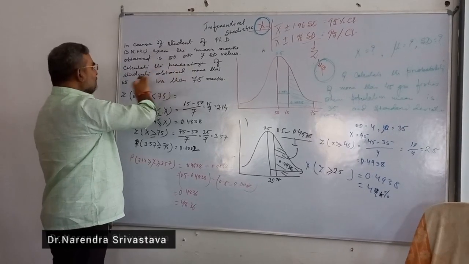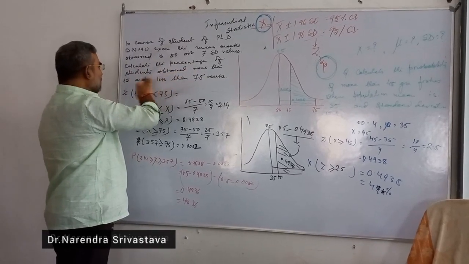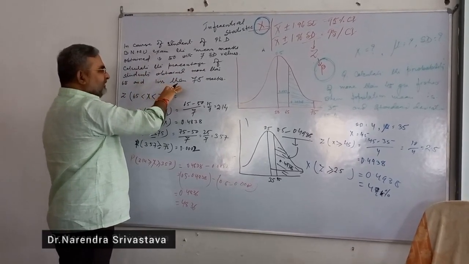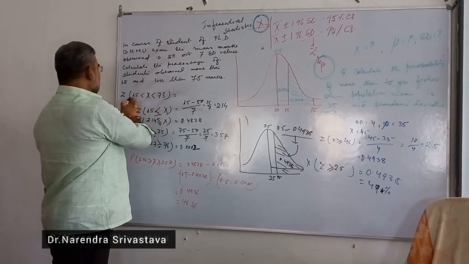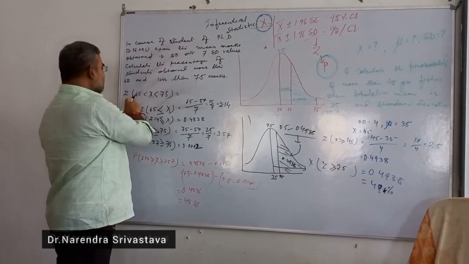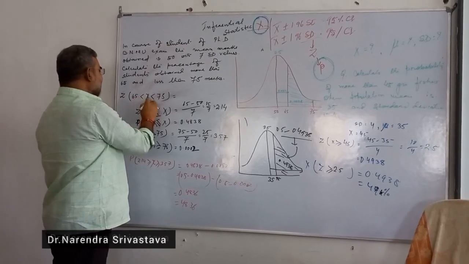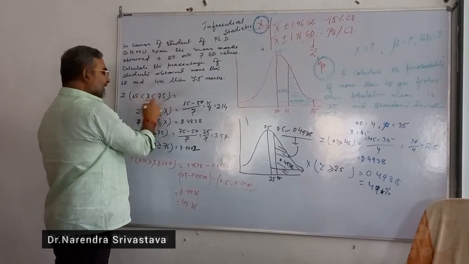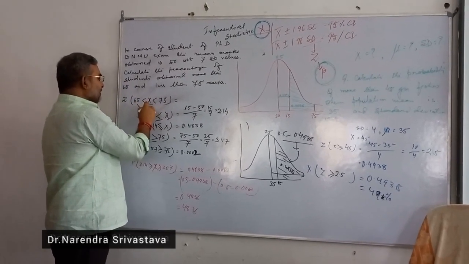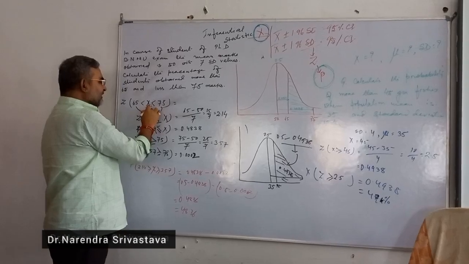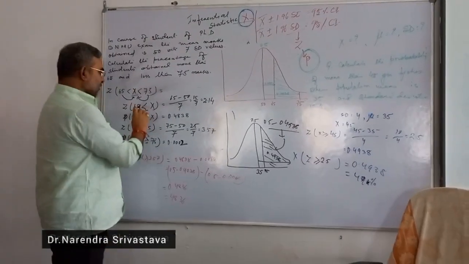Calculate the percentage of students who obtained more than 65 and less than 75 marks. Here Z is for the calculation of Z for X more than 65 and less than 75.